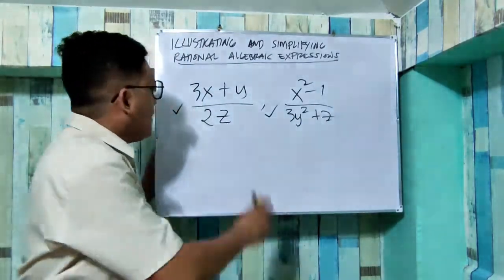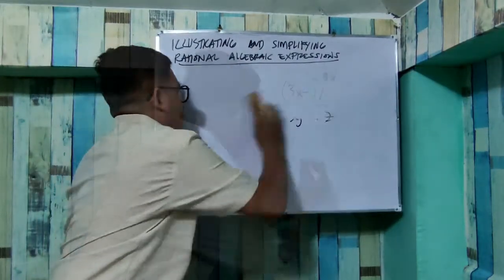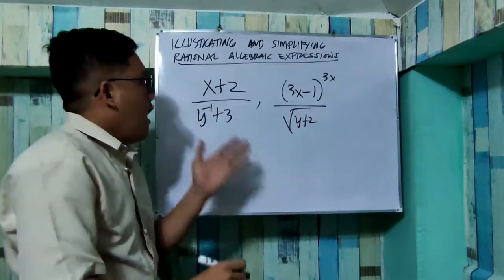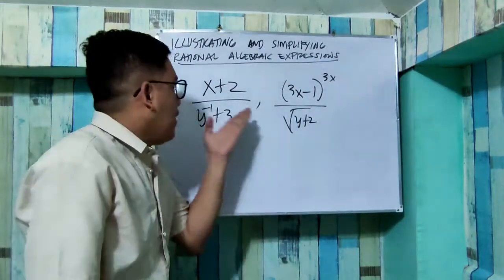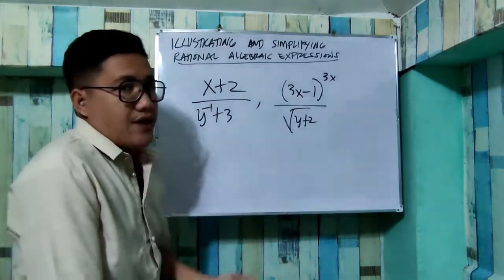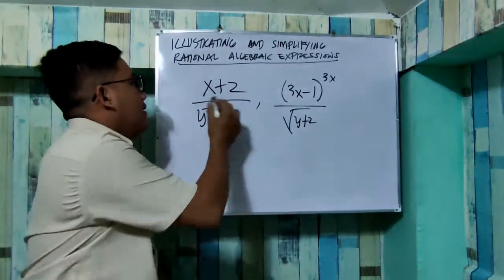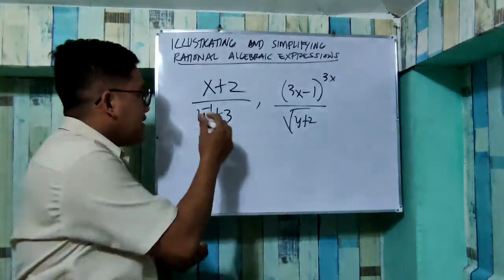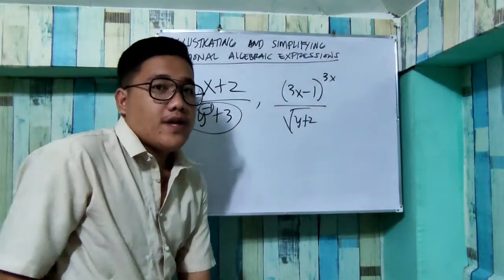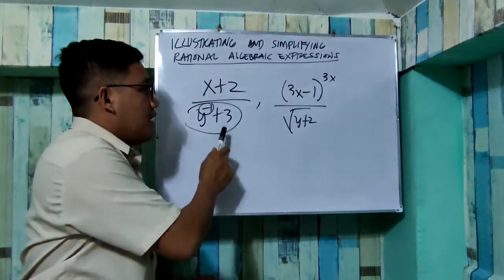How about this another two examples? Okay, let us first have this example. Ito ba ay rational or not? Yung nasa taas niya, polynomial. Yung nasa baba niya, meron tayong negative exponent. So, therefore, this is a non-polynomial.